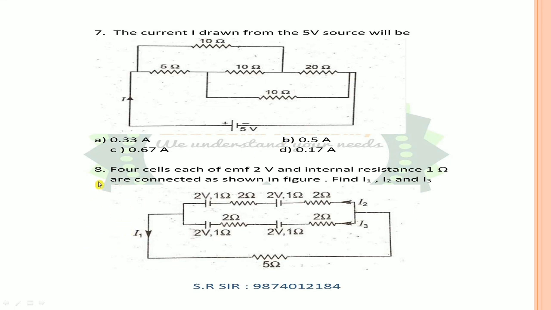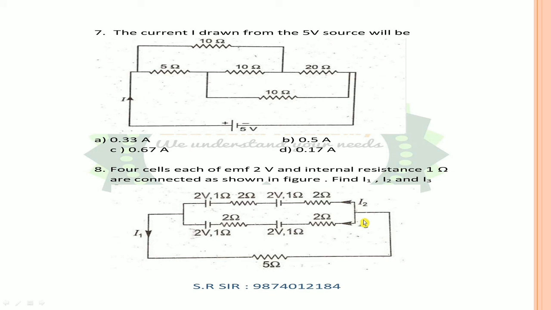Sum number 8. 4 cells each of EMF 2 volt and internal resistance 1 ohm are connected as shown in the figure. Find the 3 currents I1, I2 and I3. This is the circuit given. We want to find the currents I1, I2 and I3.